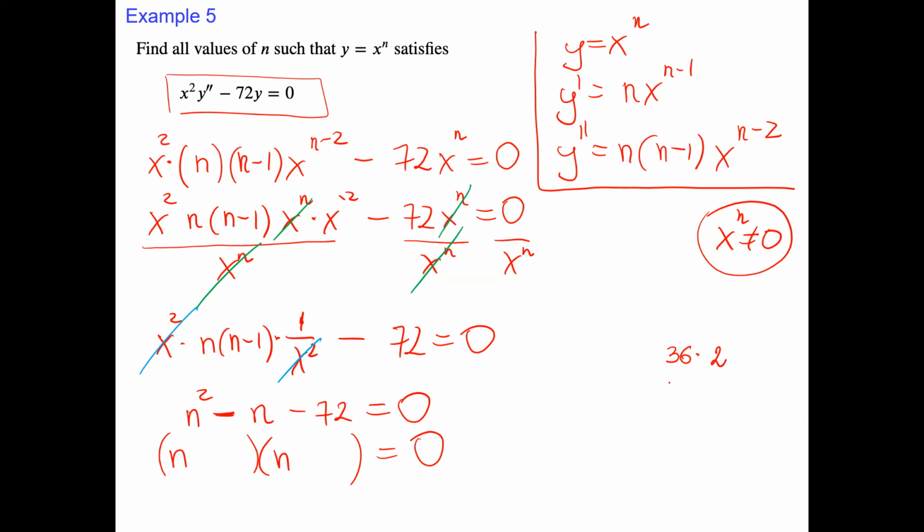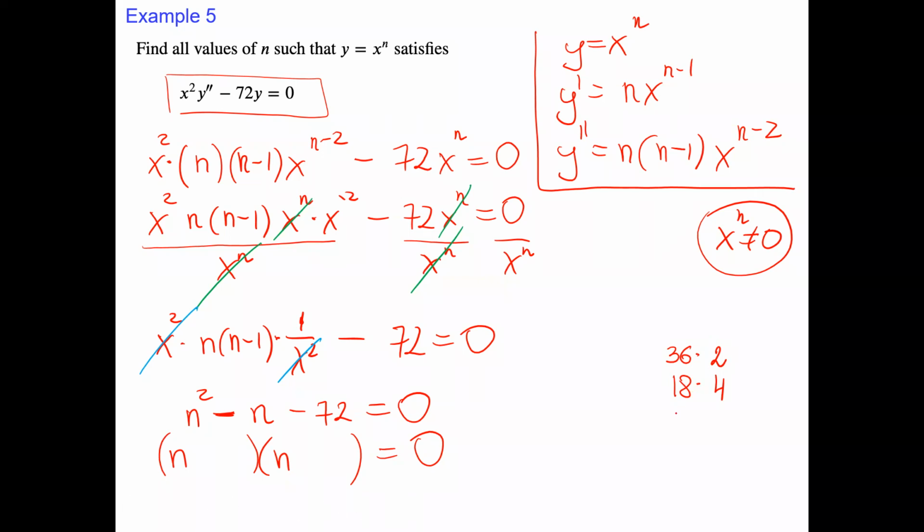Then I can say possibly 18 times 4, because 36 is 18 times 2. But the difference between 18 and 4 is also not 1 or negative 1.